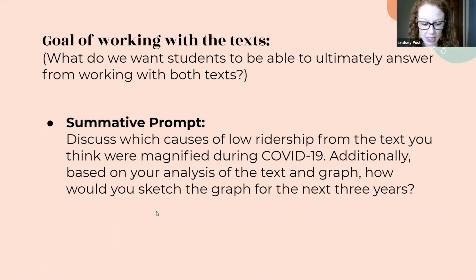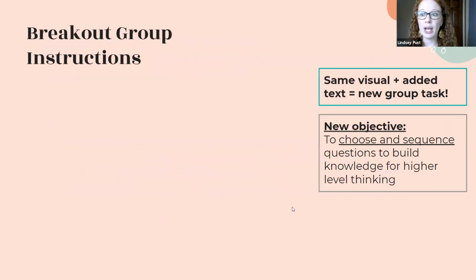Imagining we were giving this to students, the ultimate goal is we want them to be able to synthesize information, and discuss which causes of low ridership from the text you think were magnified during COVID-19. Additionally, based on your analysis of the text and the graph, how would you sketch the graph for the next 3 years?